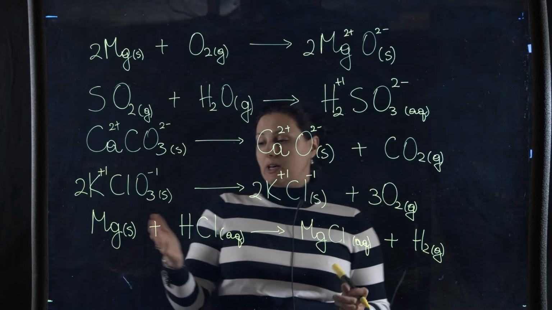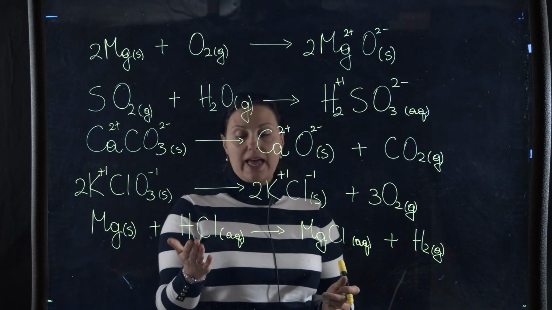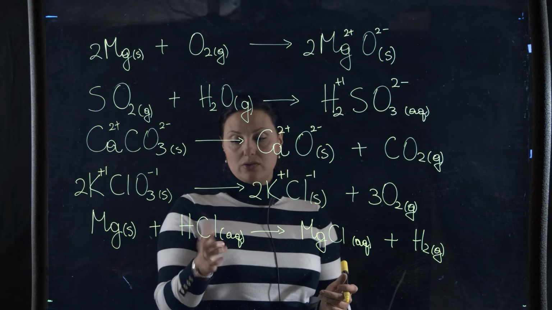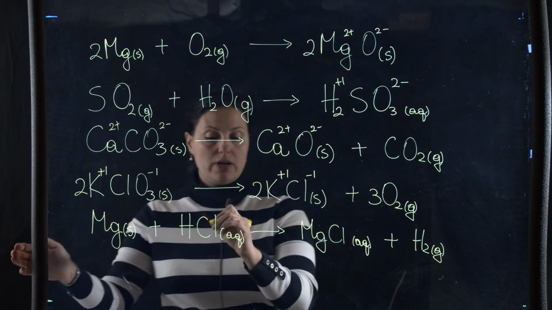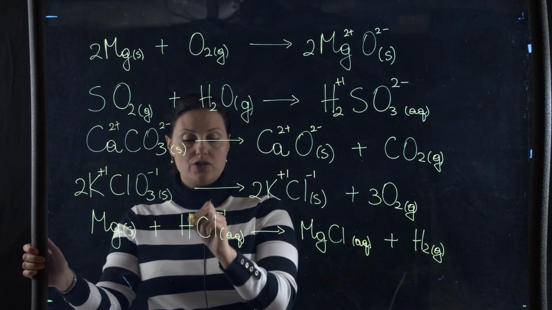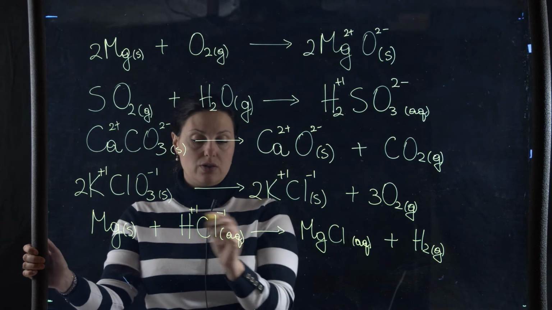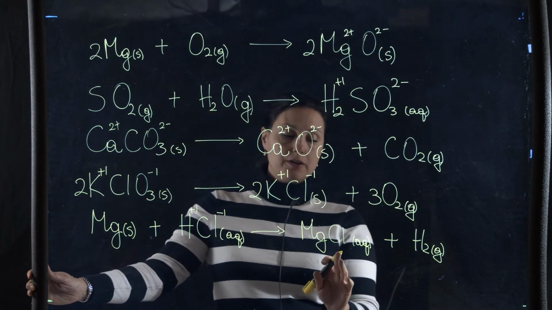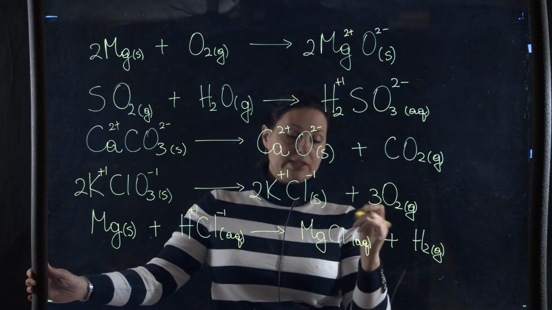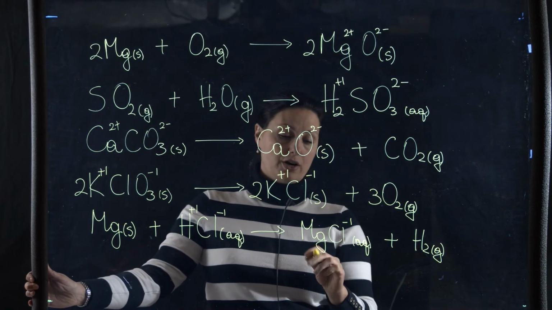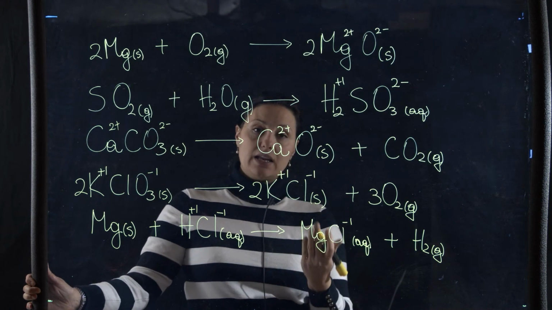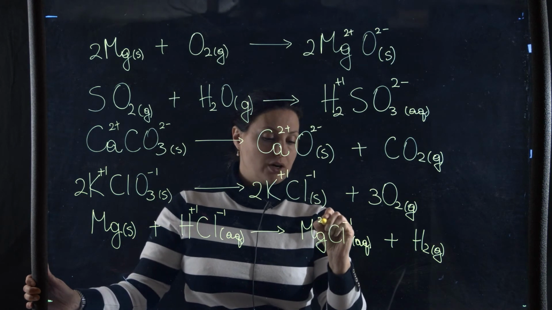Let's take a look. I have magnesium, but then I have HCl, which in this case will be an ionic compound. So I have a -1 on the chlorine. Hydrogen is a +1, so that means this is a neutral compound. Now when I go over here, I know that chlorine is a group 7, so it will always have a -1 charge, but magnesium is a group 2, which means that it will have a 2+ charge.